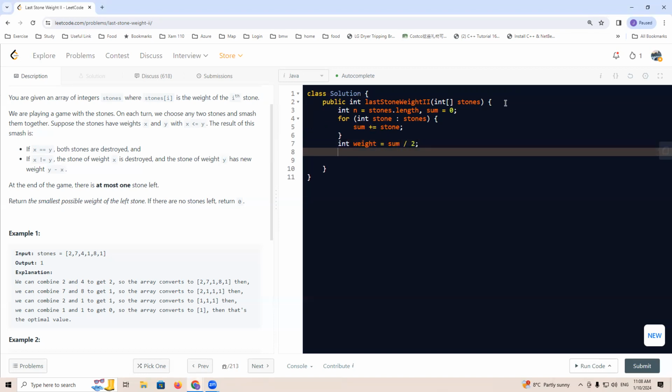This is a 0-1 backpack problem, so we have dp equals new int of weight plus 1.